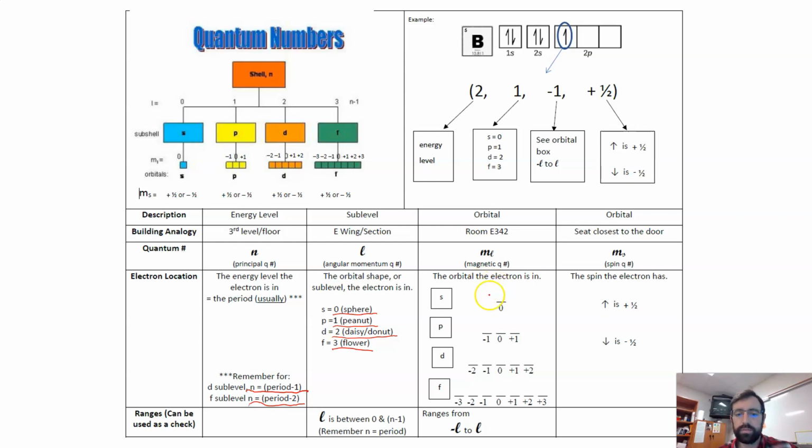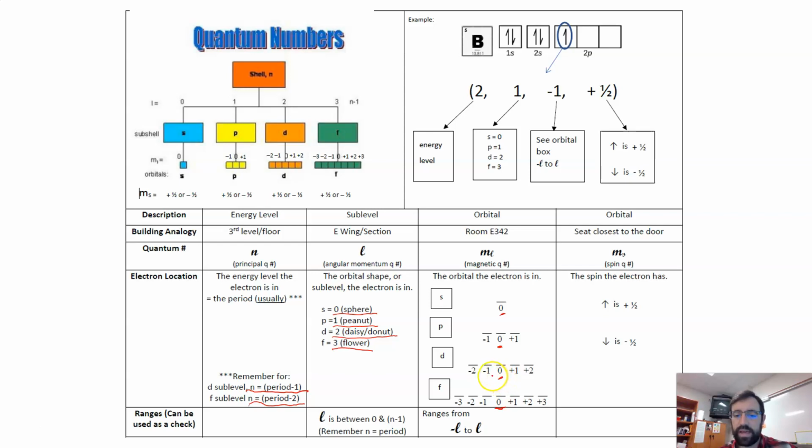The orbital, the central orbital is always 0. So if we're talking about just an S sublevel, there's only one orbital, so it's always 0. For the P sublevel, 0 is in the middle, and we have a -1 on the left, a +1 on the right. And then it's just like a number line.